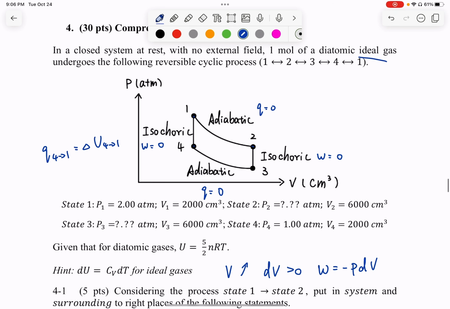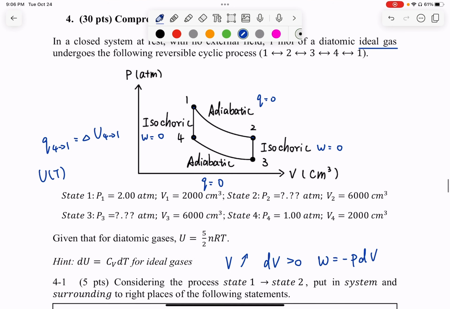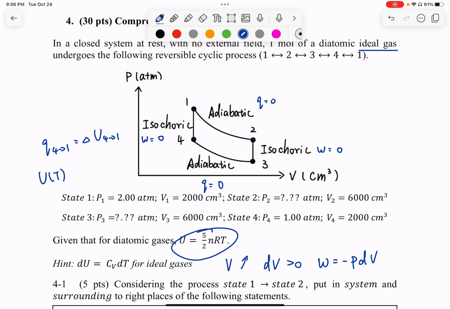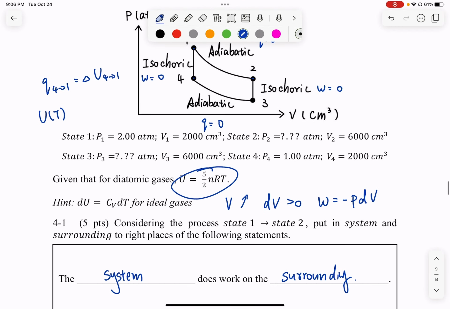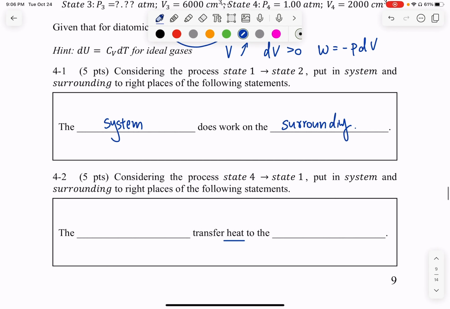For an ideal gas, our internal energy is only dependent on temperature, and as a matter of fact, we know that U equals 5 over 2 nRT. State 1 has a higher temperature, or higher PV, compared to 4, so naturally 1 has a higher internal energy. So from 4 to 1, the internal energy increases, and that means our Q from 4 to 1 is a positive number, or the surroundings transfer heat to the system.